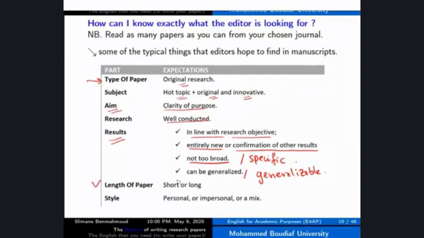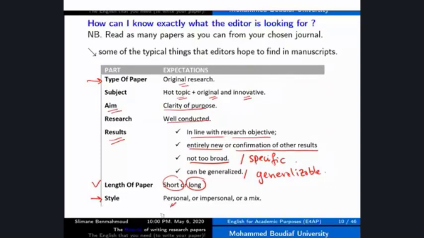For the length of the paper, it should be either short or long according to what the journal requires and according to what you have claimed. For example, you cannot claim that you are submitting a full-length paper and after that they find that you are submitting just a letter. This could not be accepted. Here is the style of the language that you are using.